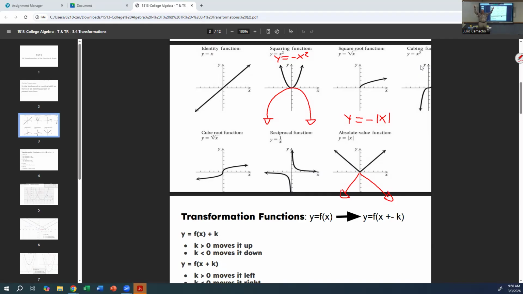Both arms will be up if it is positive. But if it is a negative even function, both arms will be down. You need to remember that. And it's the same thing with the absolute value. But why I said that, because you have an x squared, x to the 4th power will also be an even function.